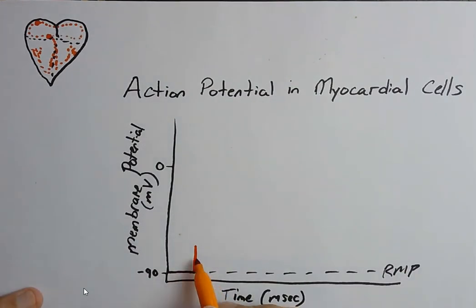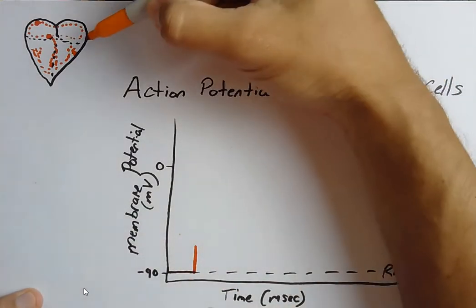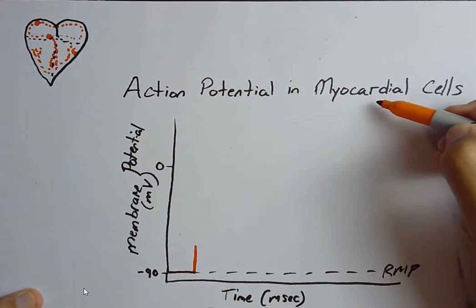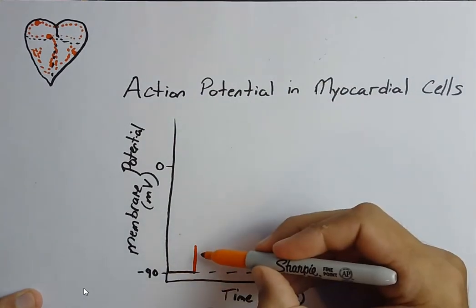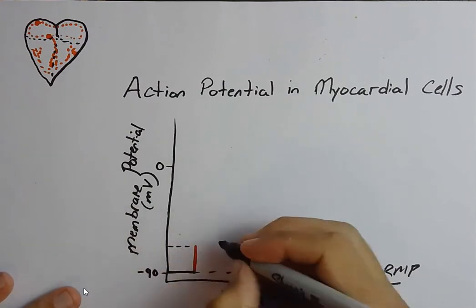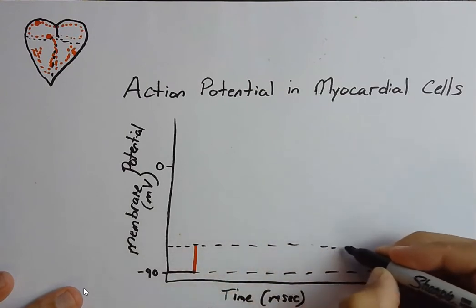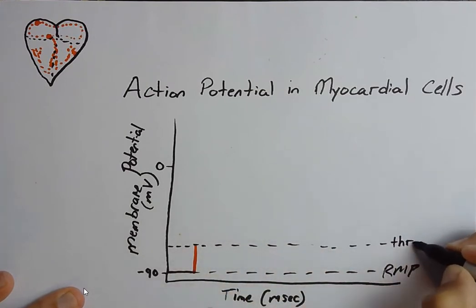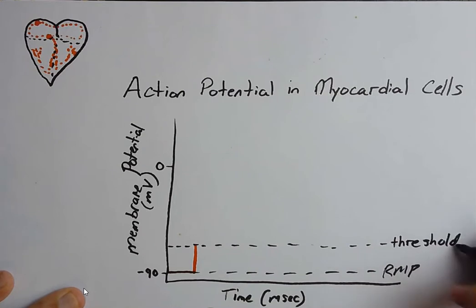This portion of the curve of an action potential for a myocardial cell is a representation of the current that's arriving at the myocardial cell from the autorhythmic cell. It's going to shoot straight up and pass threshold. Threshold you should always define in your head as the energy required to open up a voltage-gated channel. Always think of threshold as voltage-gated channels, and it's going to be no different here.